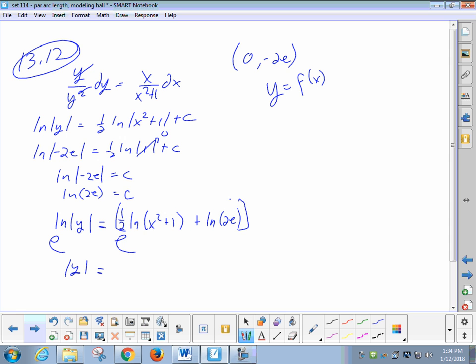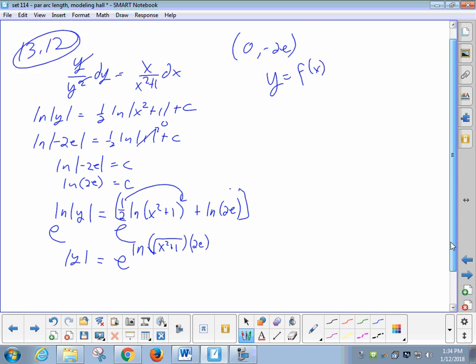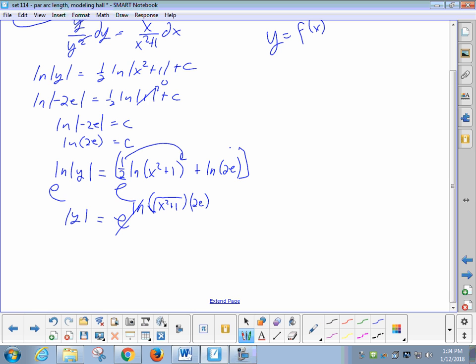You have to make it a single logarithm using log rules, so it's e to the natural log of the square root of x squared plus 1 times 2e. Now, e to a log, those are inverses. So the absolute value of y equals the square root of x squared plus 1 times the quantity 2e, which I should probably put up front. Okay, now what?